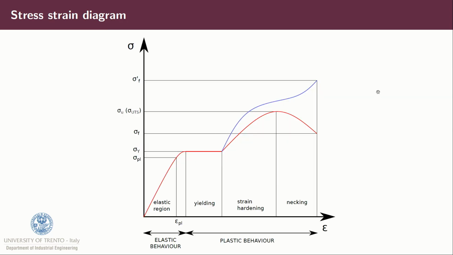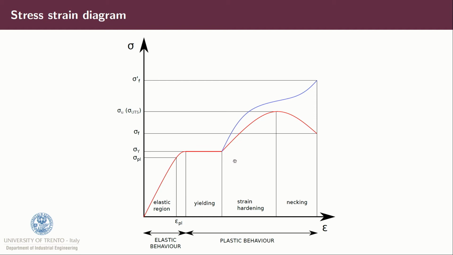Here we have a qualitative representation of a stress-strain diagram. We can see that there are two regions, the elastic region and the plastic region. In the elastic region, the first region, the material is behaving proportionally, until sigma PL, which stands for sigma proportional load, then the material tends to yield. So there is an increment of epsilon without an increment of sigma.